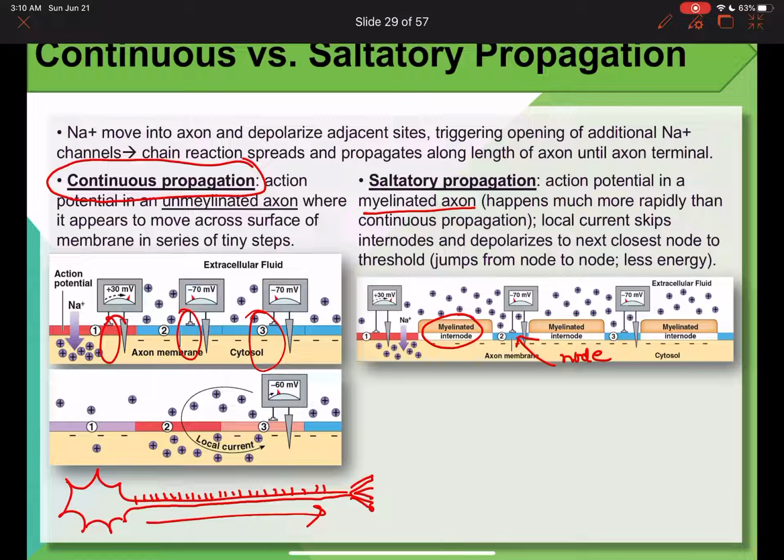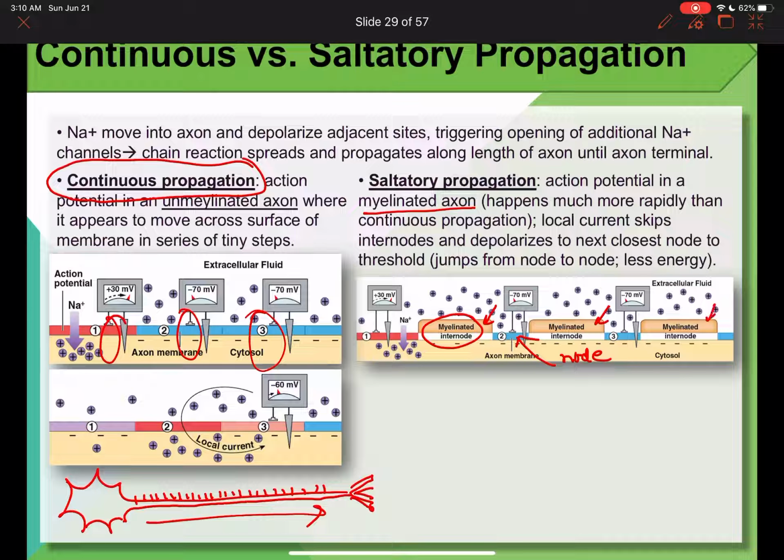Okay, so what happens is there will be less amount of sodium ion channels to open in a myelinated neuron, because those areas that are covered by myelin will not have sodium ion channels.